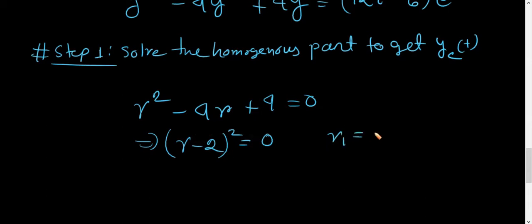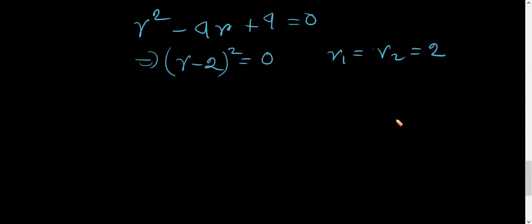So you can write r1 equals r2 equals 2. So we have our roots, and we can also write down the solution immediately using the techniques we have seen before. That is, the complementary solution will be (c1 plus c2 t) e to the power r t, and r1 and r2 are equal, so this is just 2t.